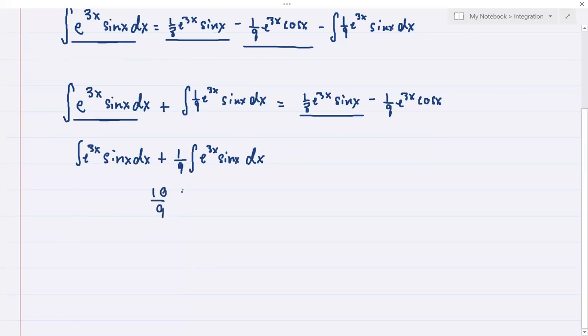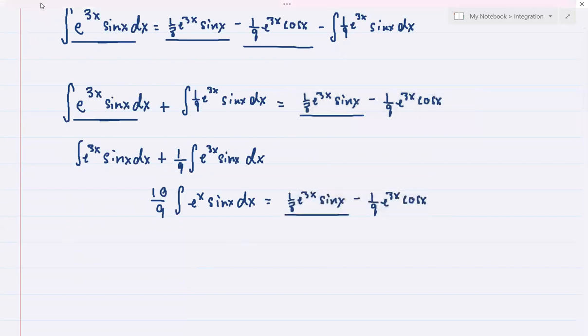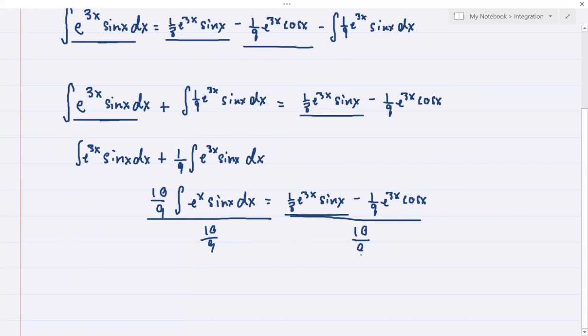Then times the integral of e raised to 3x times sine x. Then let's copy the rest of the terms here. There you go. Now what we're going to do is divide both sides by 10 all over 9, and then we can get your final answer.